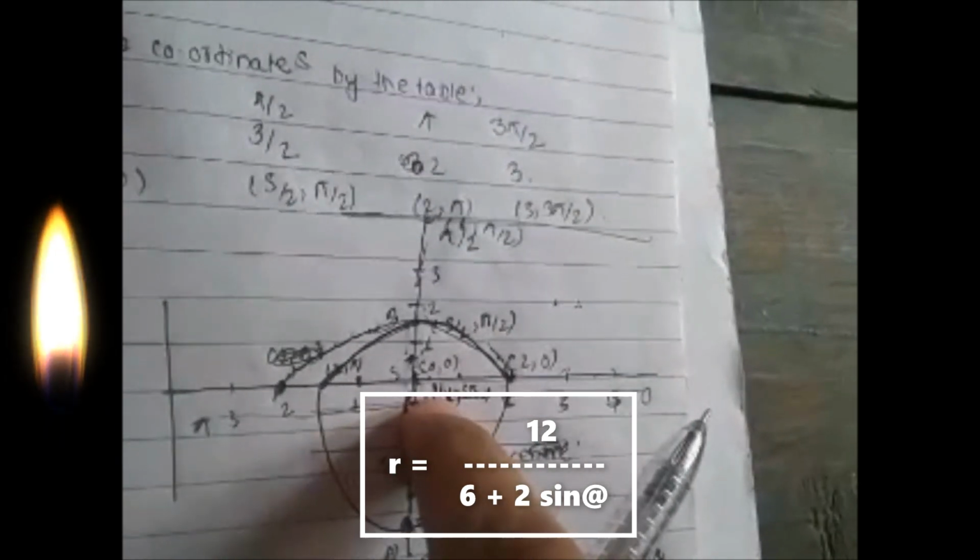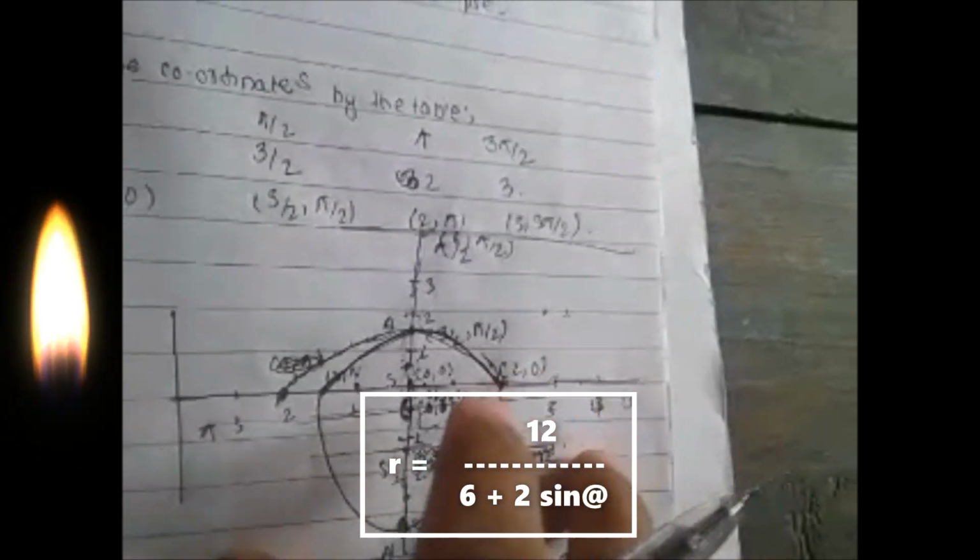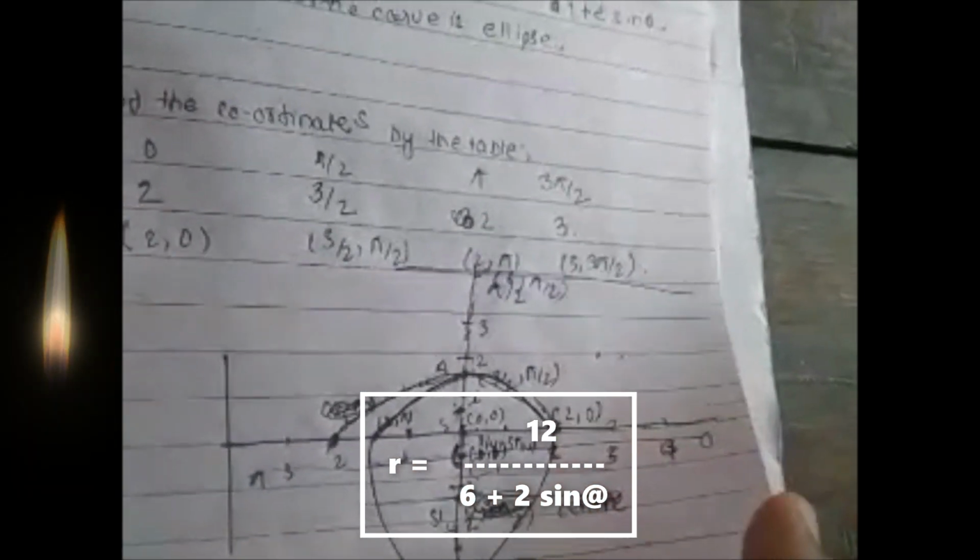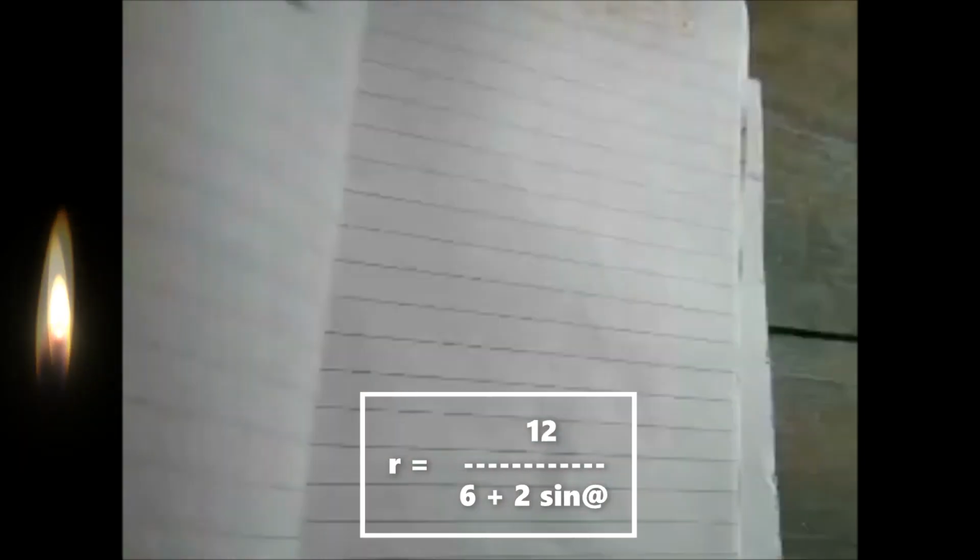So 3 by 4 into 2 will be 3 by 2. So our next focus will be S dash, 3 by 2 comma 3 pi by 2.